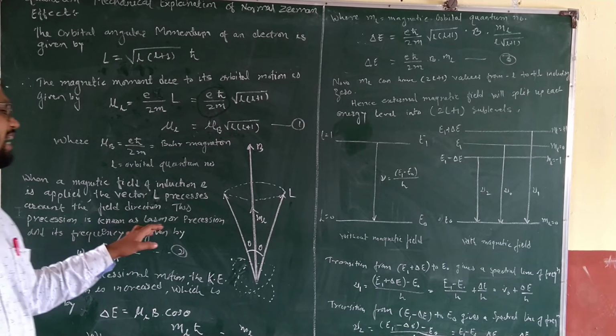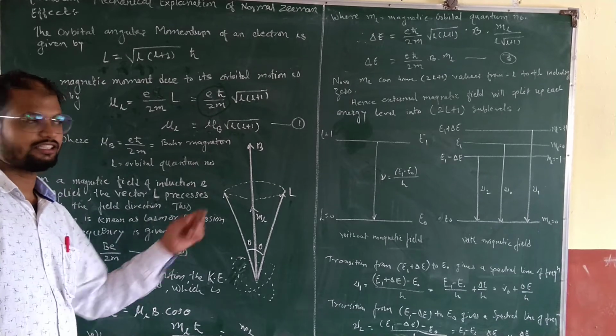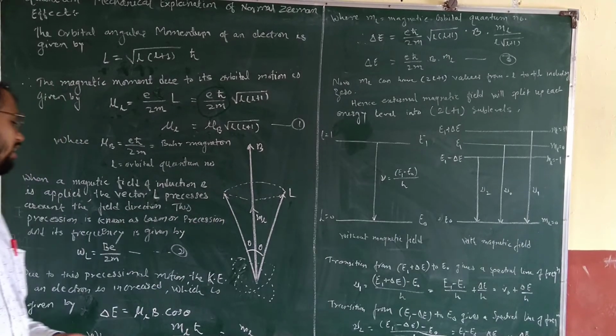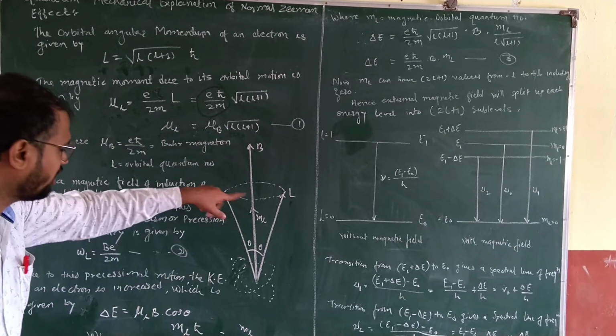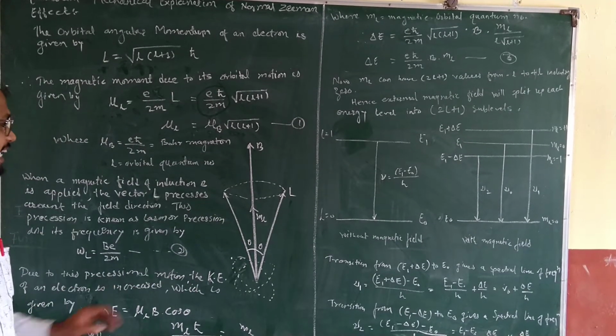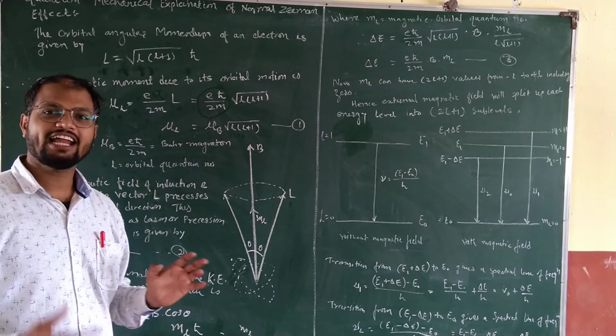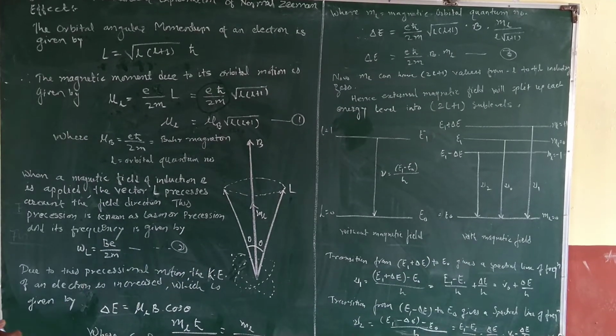This precession is known as Larmor precession, and its frequency is given by omega_L equals eB upon 2m. Due to this precessional motion, the kinetic energy of an electron is increased.